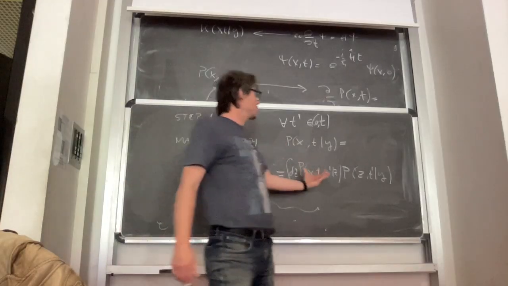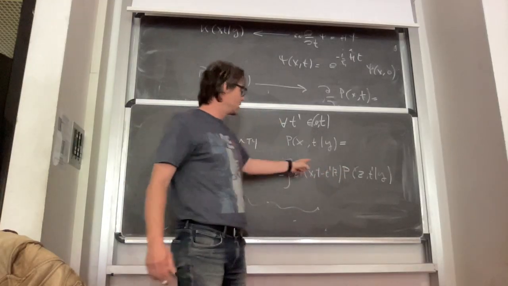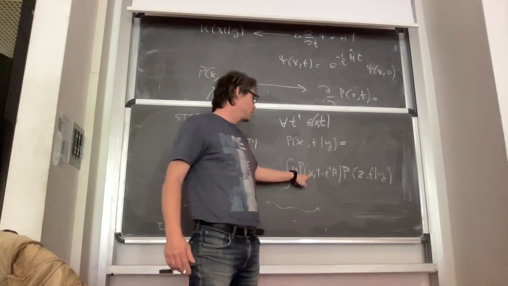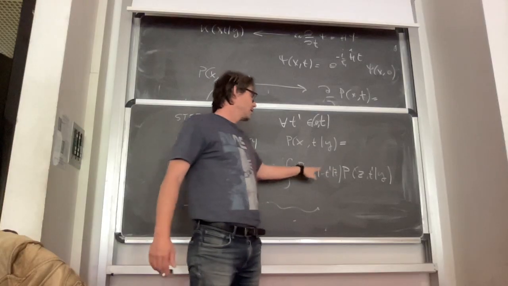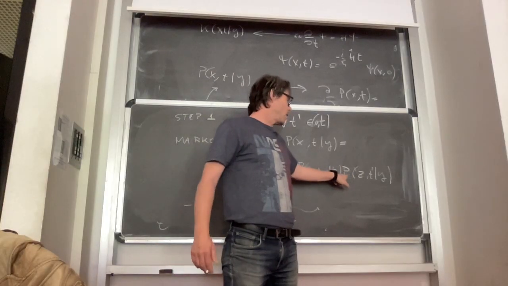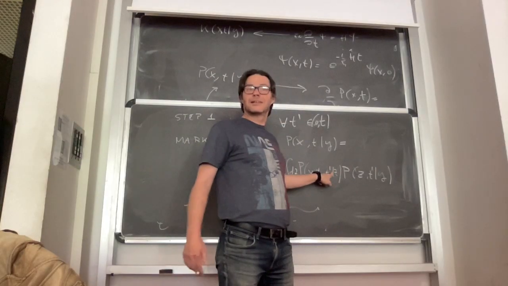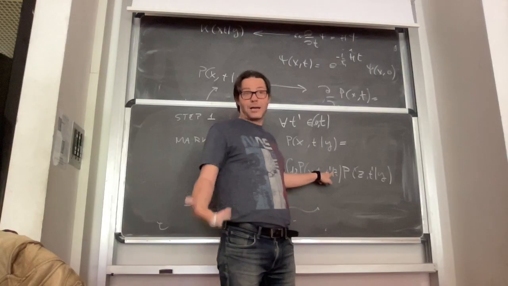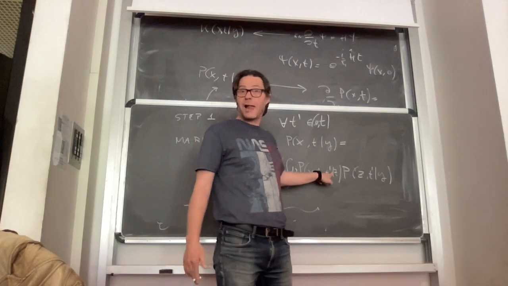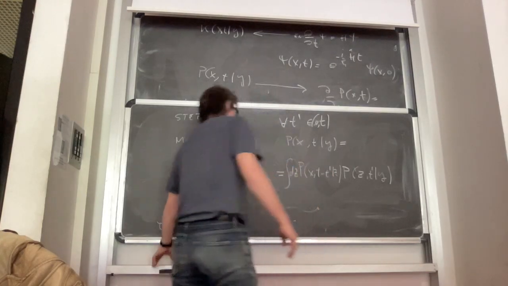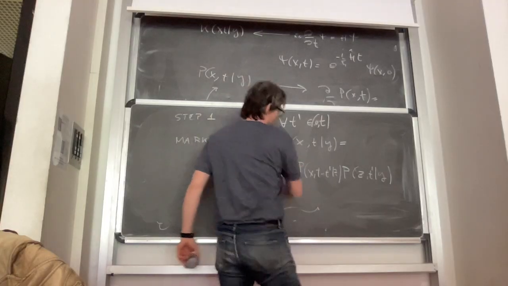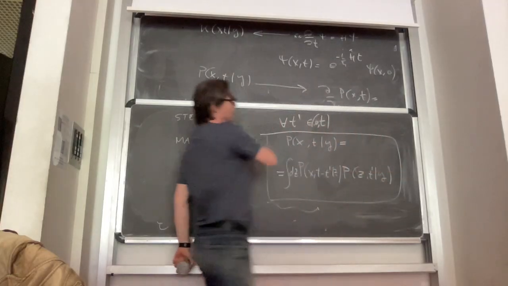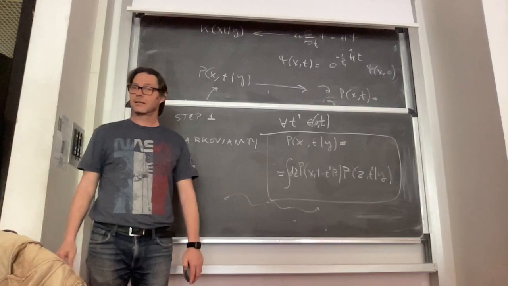And this is a strict implication of Markovianity, because what happens from z to x is not influenced by how you got to z. This is a consequence of Markovianity, right? Very good. So this is a fundamental equation that follows from Markovianity.